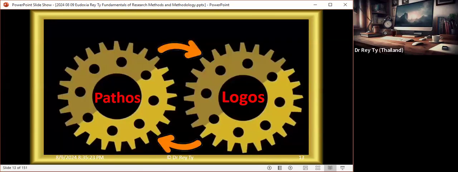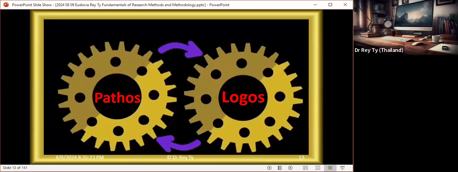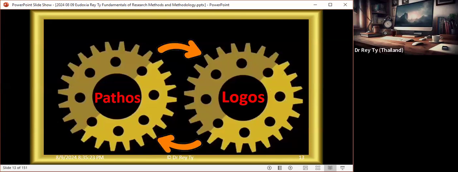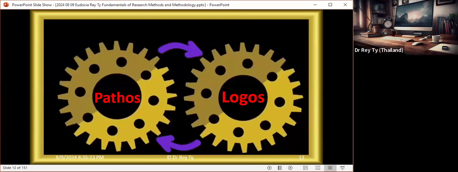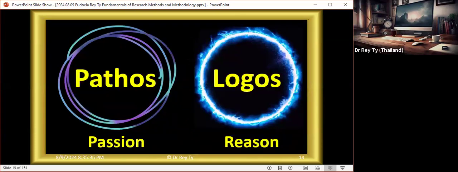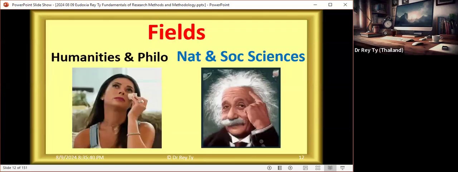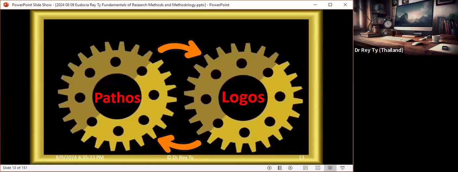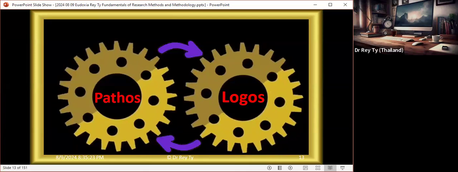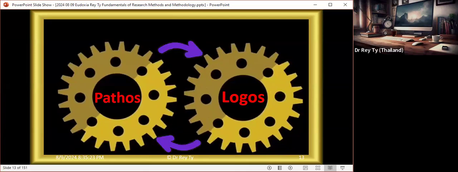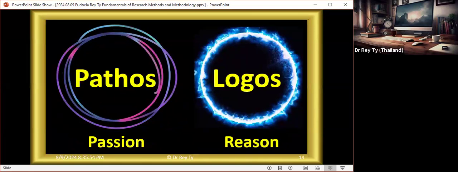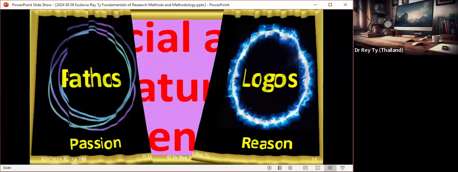One side focuses on pathos, the feeling, the passion. That's humanities and philosophy. The other side looks at logos, or logic, or reason. That's the social sciences and natural sciences. So they are related. In fact, even in philosophy, they recognize we have pathos and logos and ethos at the same time, the three of them. But the way we write will vary depending on the field that we are in.